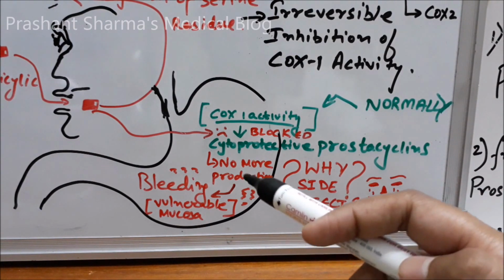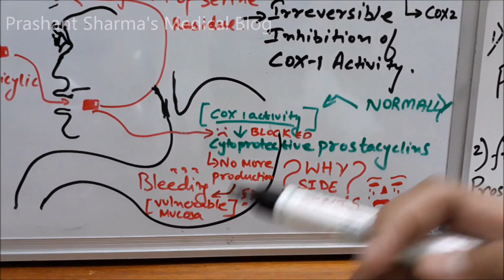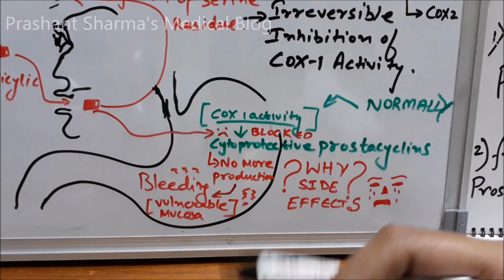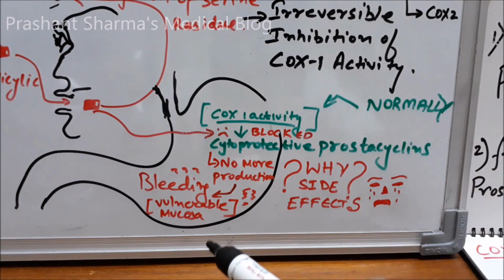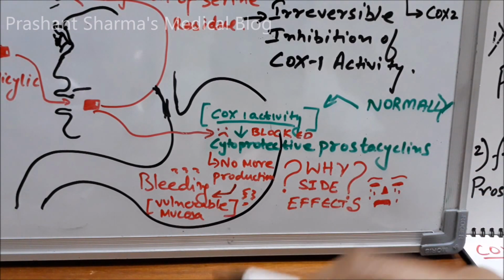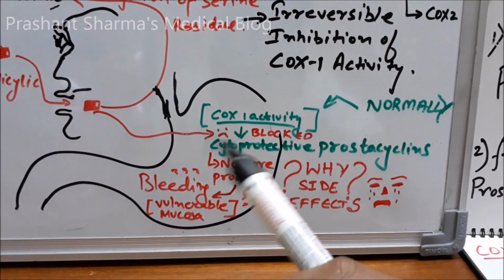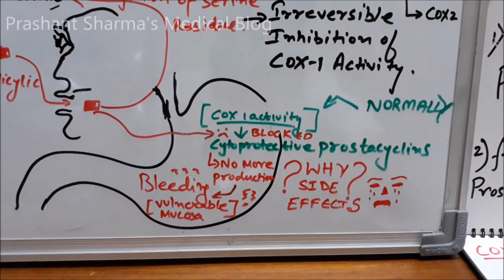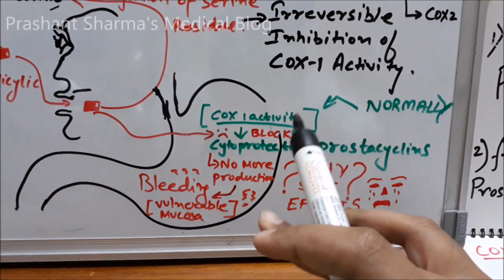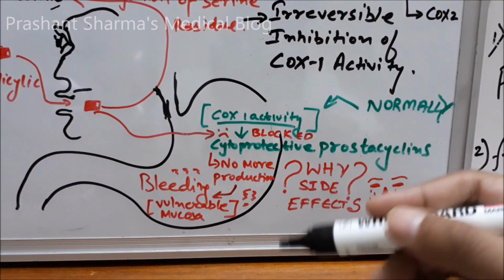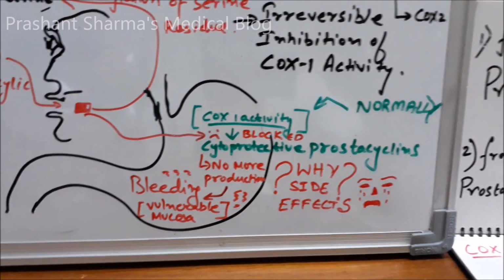Therefore, it leaves the gastric mucosa vulnerable to bleeding because the integrity is not maintained. So it causes gastric bleeding, which is very common in chronic ingestion of aspirin, in those who take it chronically. This is one side effect of aspirin. So you may note the theme that inhibition of COX-1's normal functioning leads to side effects.